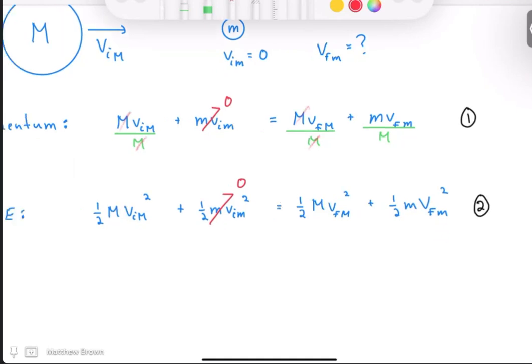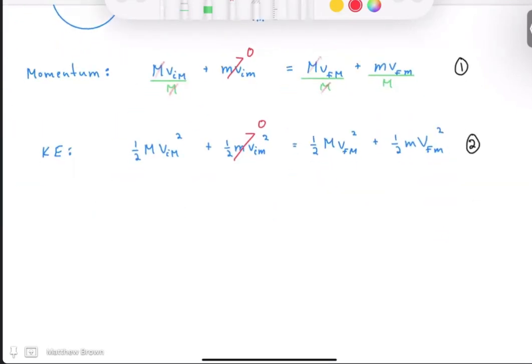And so from equation 1, I can say V initial of big M is equal to V final of big M plus, in this case, a ratio, little m over big M, of V final of little m.